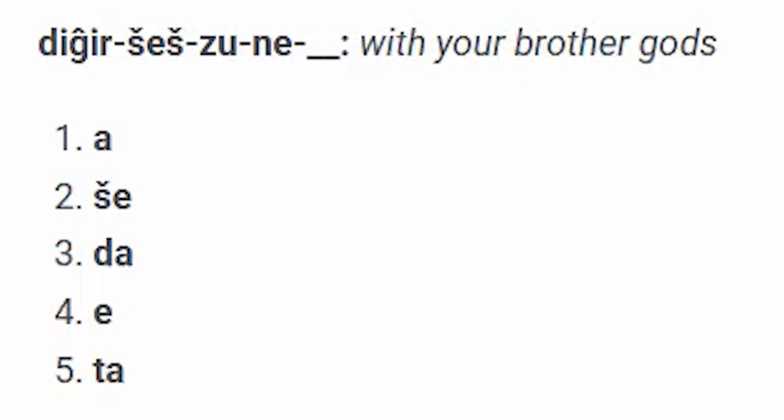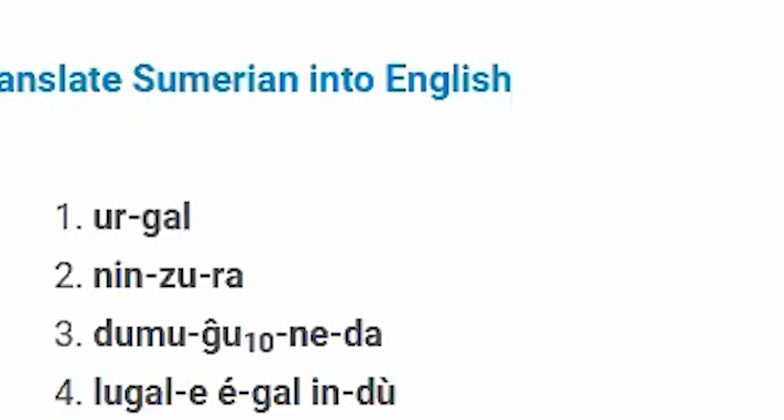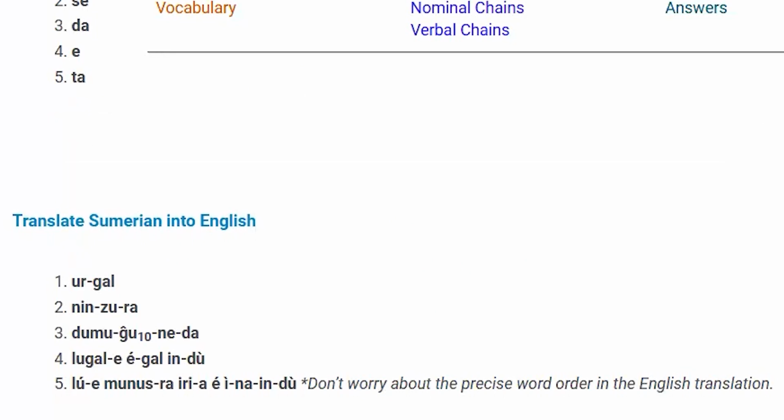Or with your brother gods, is it Dingir shesh zune she, Dingir shesh zune da, Dingir shesh zune e, or Dingir shesh zune ta. Translate Sumerian into English.